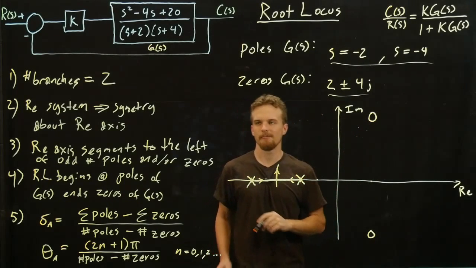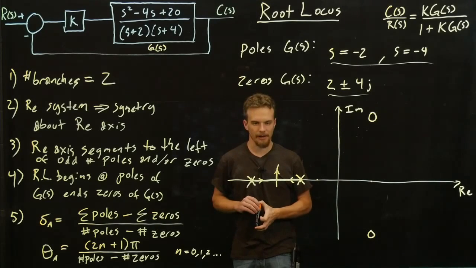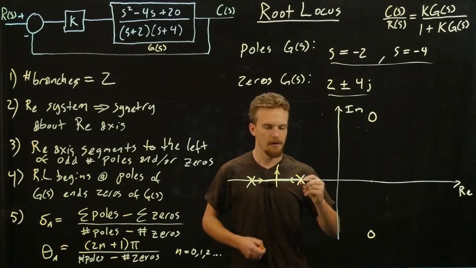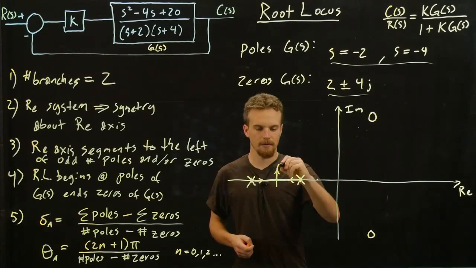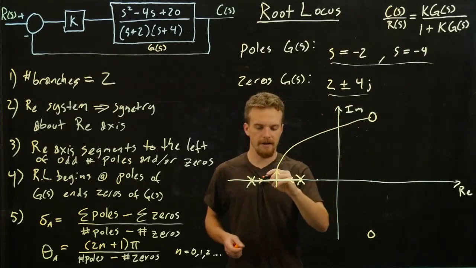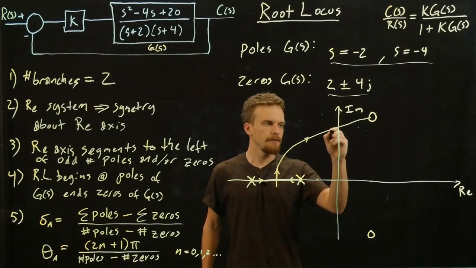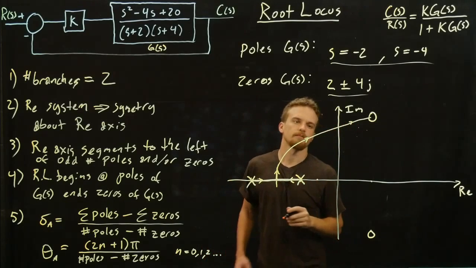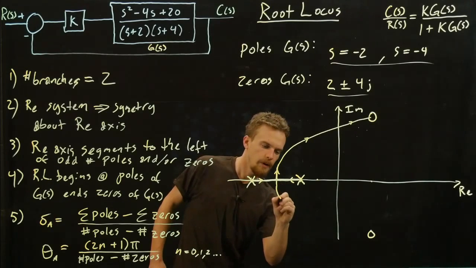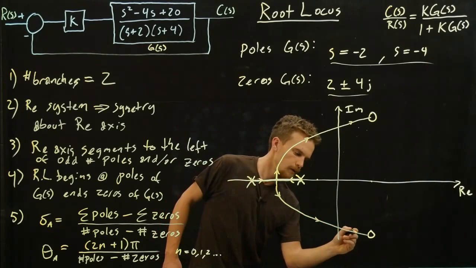But without a computer, we don't know too much about the exact shape of that curve. For our purposes, we're sketching, so we're just going to roughly estimate that this would go something like this. As k varies from 0 up to infinity, this path gradually moves like that. And to maintain symmetry, this path would have to gradually go like that.